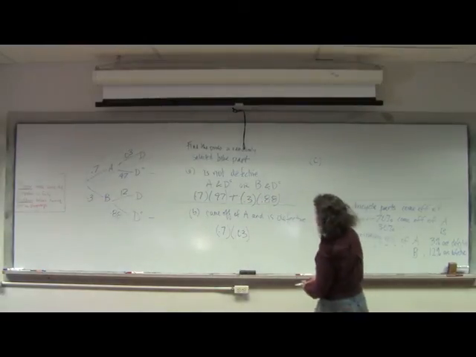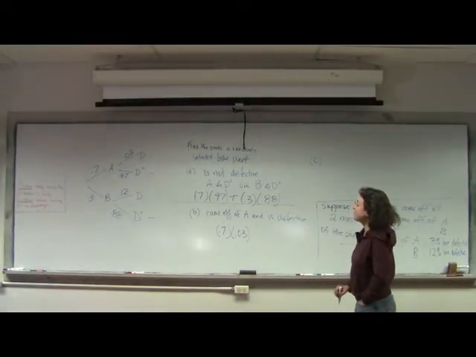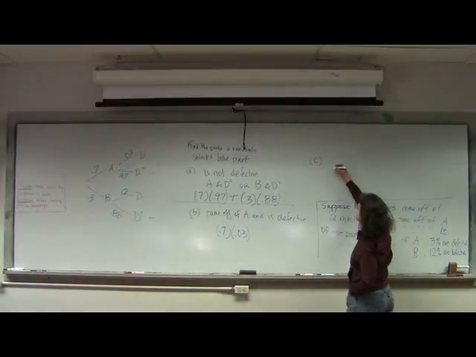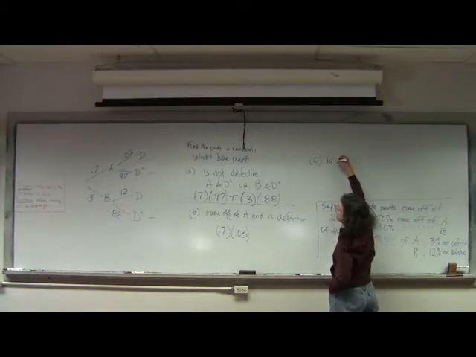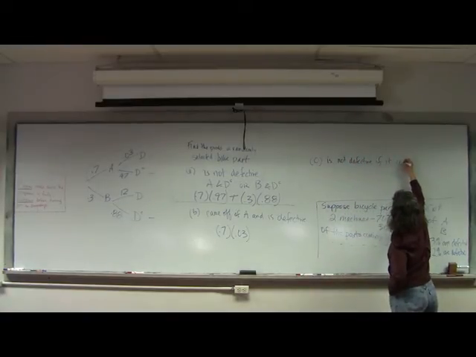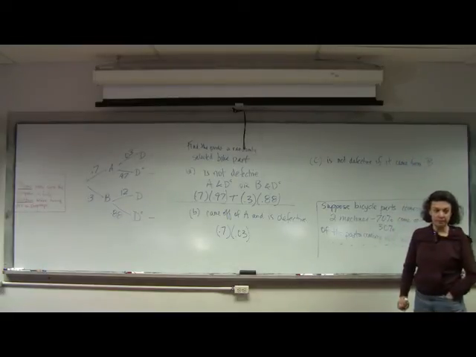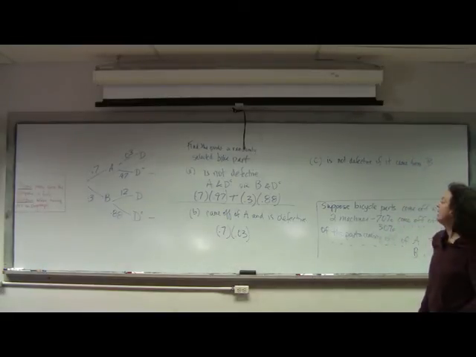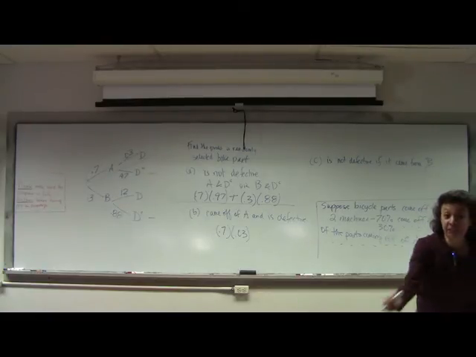So, last but not least, let's find the probability a randomly selected bike part is not defective if it came from B. All right, what's the key word here? If.